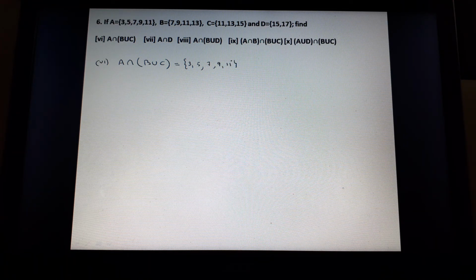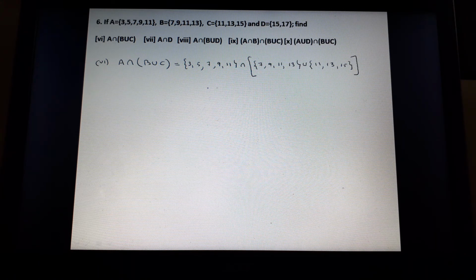Then intersection. But what you have to do is you have to put a bracket because this bracket is there. Use B. B is 7, 9, 11 and 13. Then here it is union. Then C is 11, 13, 15. So first you simplify this one.